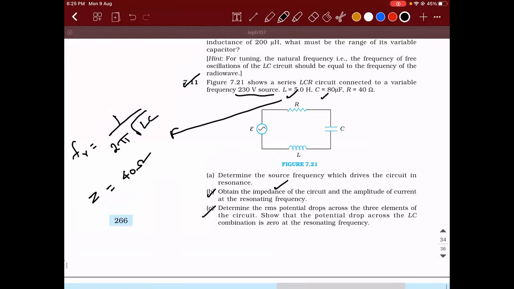Third, determine the RMS potential drops across the three elements of the circuit. So RMS potential drop is nothing but VR is equal to I into R, VL is equal to I into XL and VC is equal to I into XC.